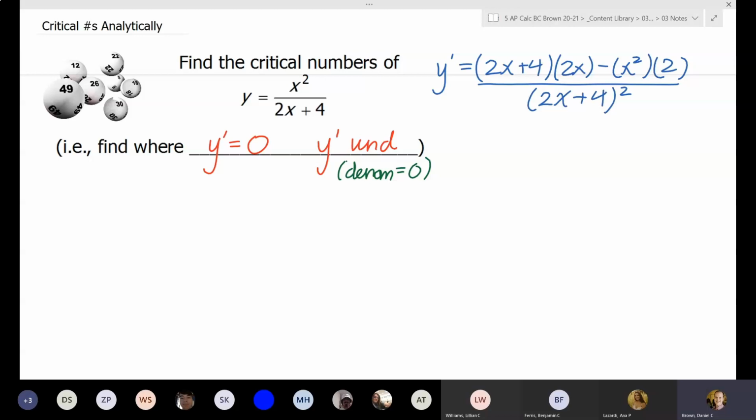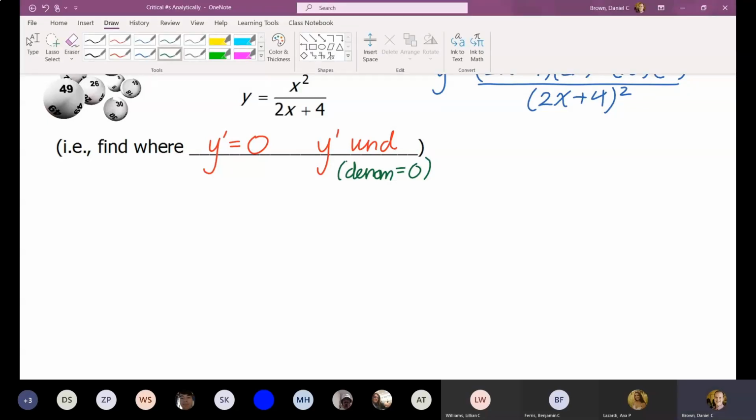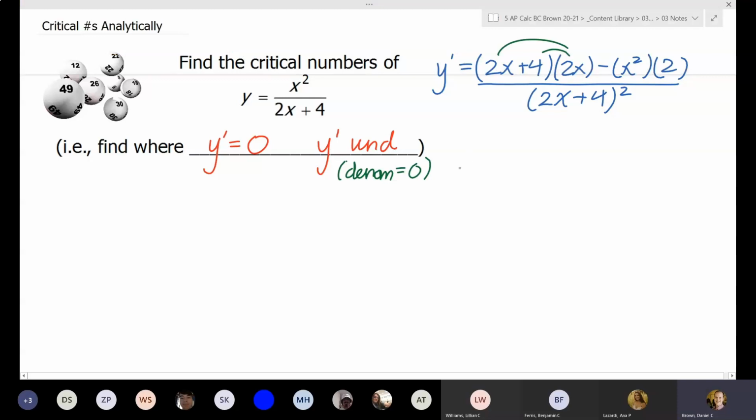I often tell students for these types of problems, the calculus is over. The rest of the problem is just simplifying and solving. So I'm going to simplify this because we want to find when it's equal to 0, and this is kind of messy to solve right now. I'm going to simplify my derivative. I'm going to leave that denominator as is right now.